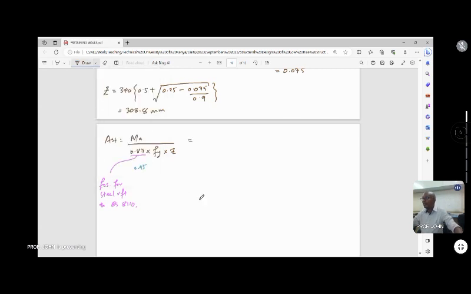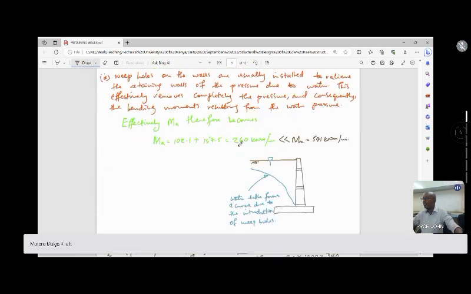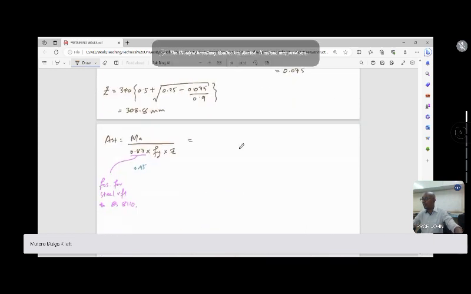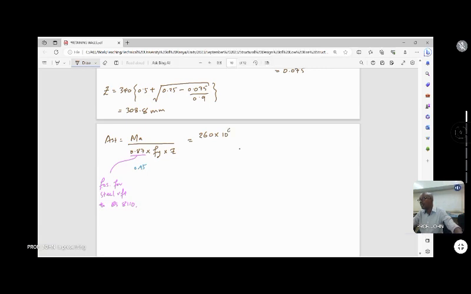So MA, again, our moment that we are working with is 260. So we put here 260. We convert it into Newton millimeters. And we put 0.87, 500. Z is 308.